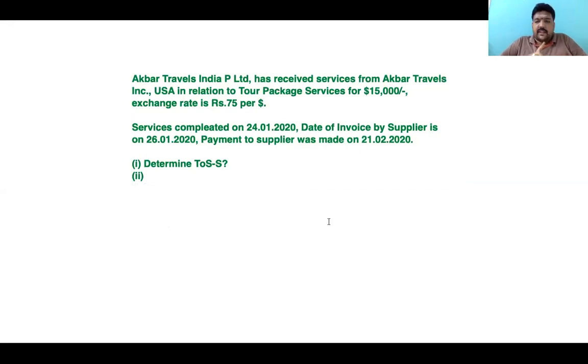Then your first answer should be whether this transaction is leviable to tax under forward charge or reverse charge. That should be your first discussion. Having decided that, only then can you come to time of supply.